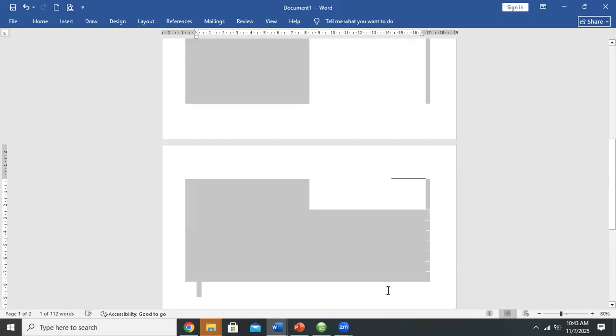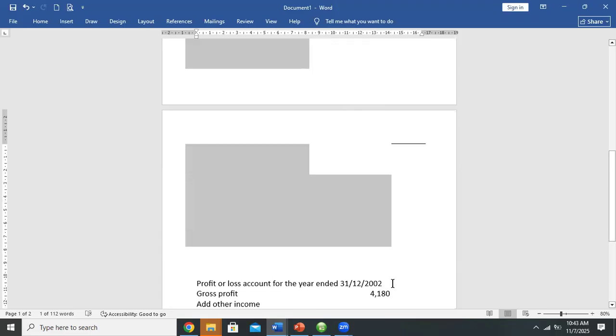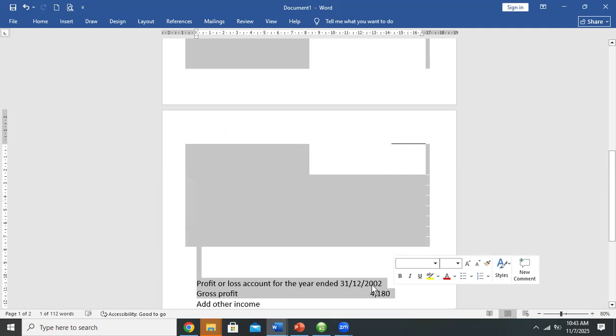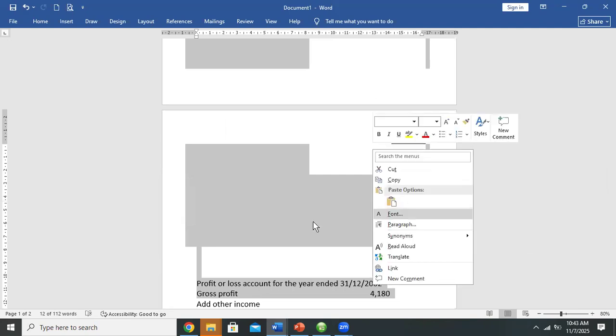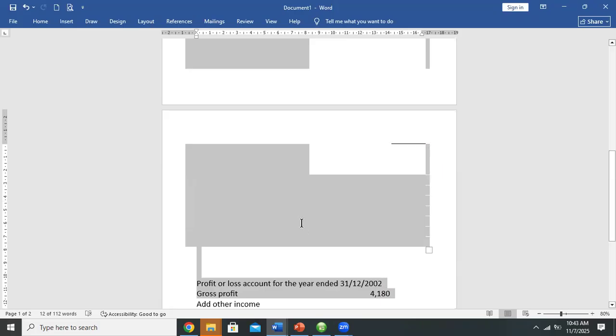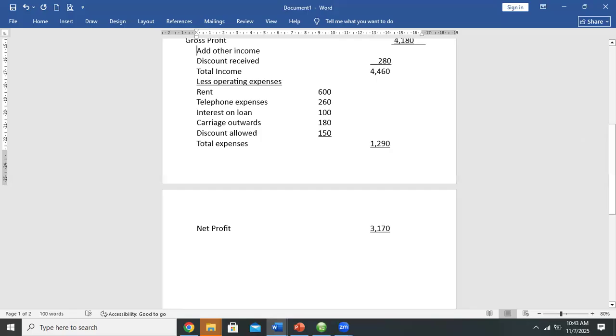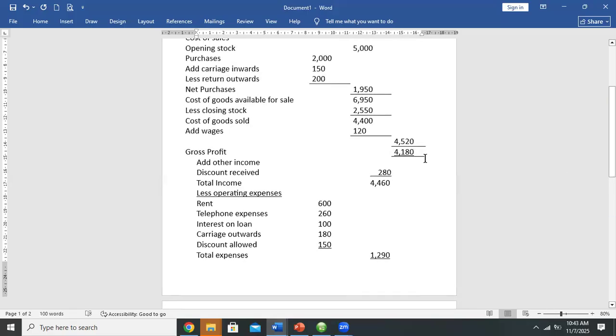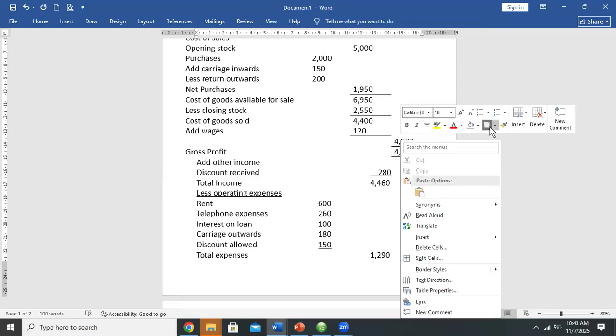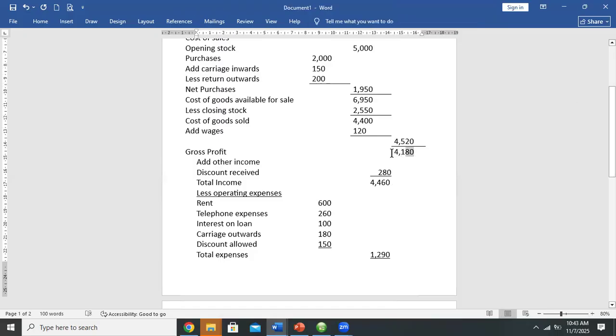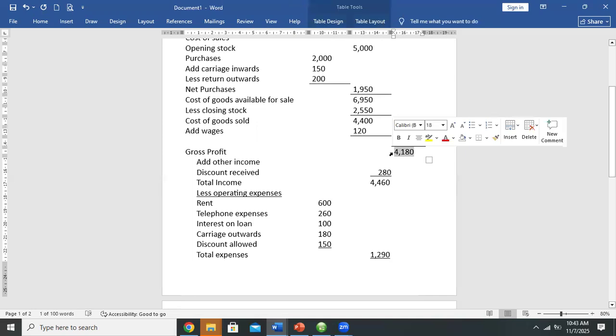So let me demonstrate that in this question that we solved. If we were continuing, or if we're doing the two accounts together, then this is how it was going to be. Immediately after getting the gross profit, you don't go and write the heading profit and loss account, right?